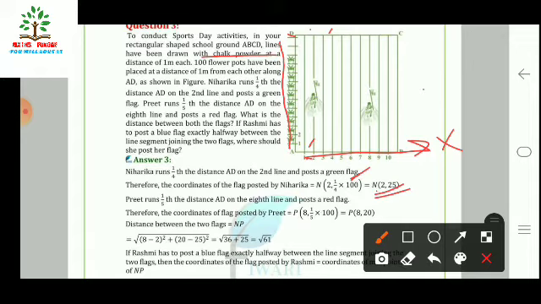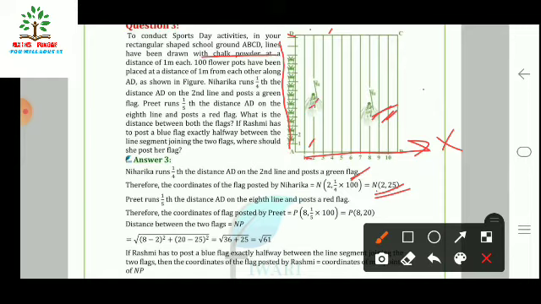In the same way, Preet runs 1/5 of the distance AD. This is the position of Preet, in the 8th lane, and posts a red flag. So what is the distance between both the flags? Preet placed a red flag, whereas Niharika placed a green flag here. Now we have to find the distance between these.